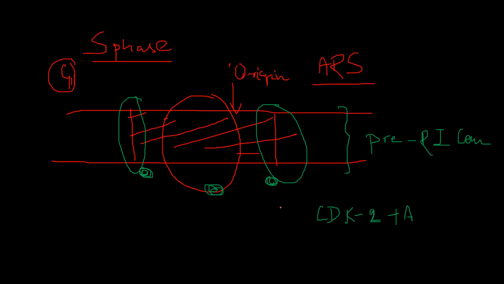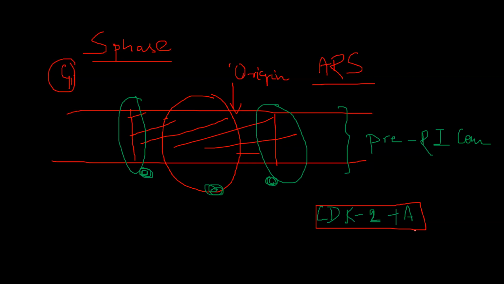Am I clear? You all are getting it? Yes, ma'am. Okay. This CDK2 and cyclin A, their role is to add a phosphate group on the accessory proteins.